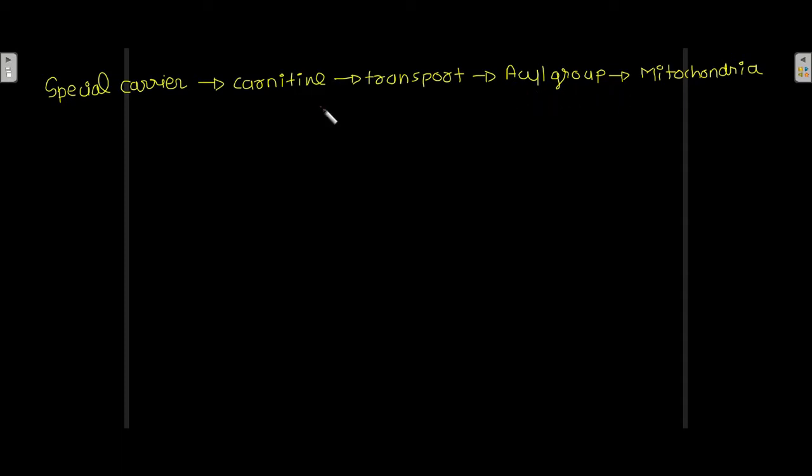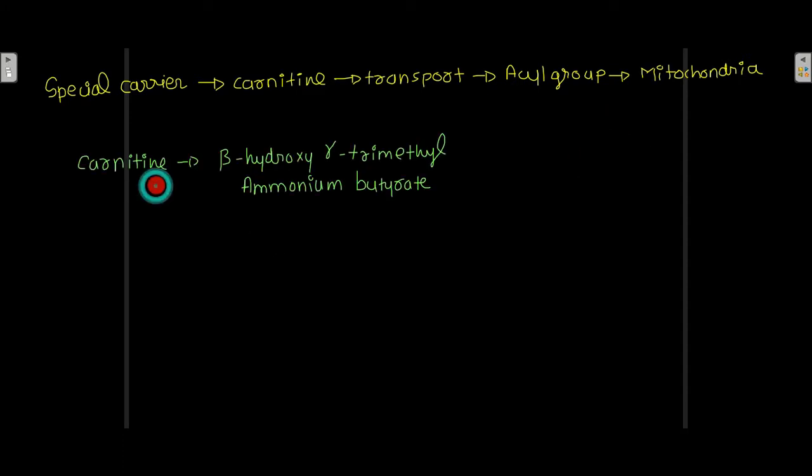So a special carrier known as carnitine is used for the transport of the acyl group across the mitochondria. Now this carnitine is also known as beta hydroxy gamma trimethyl ammonium butyrate. That's the name of this carnitine, which transports your acyl group in and out of the mitochondria.